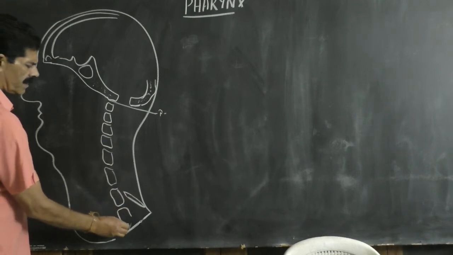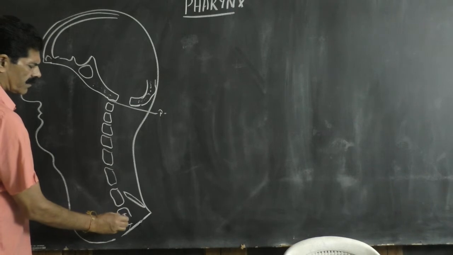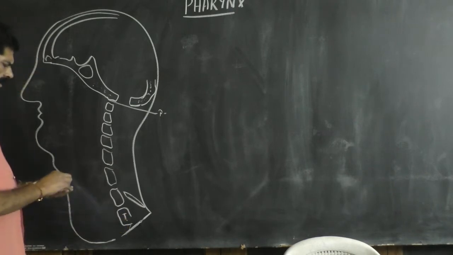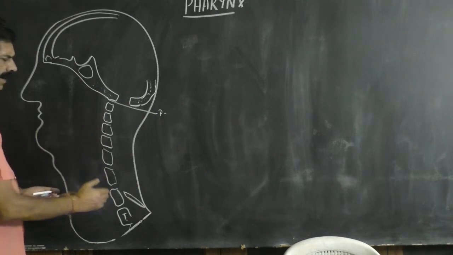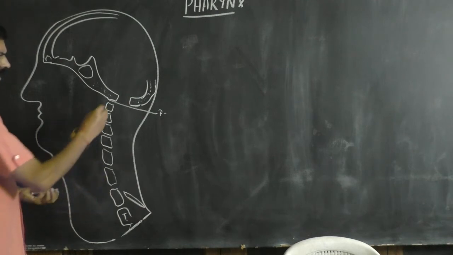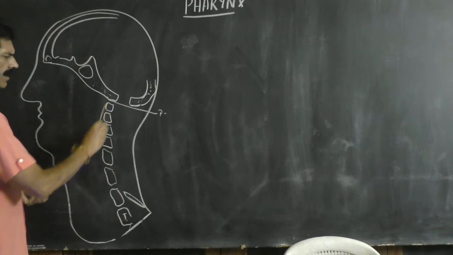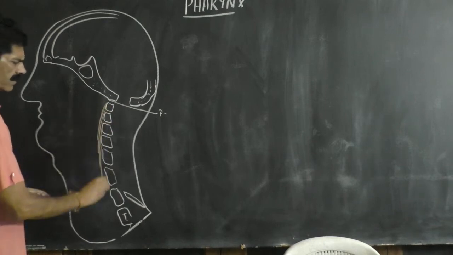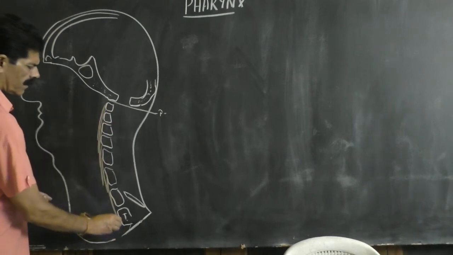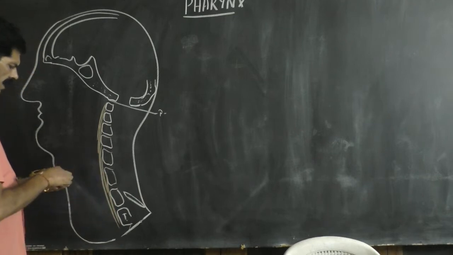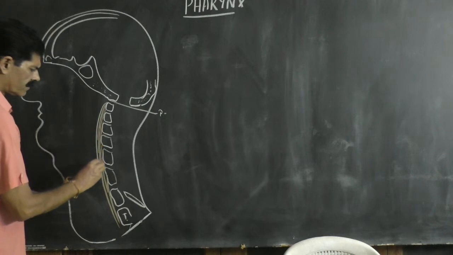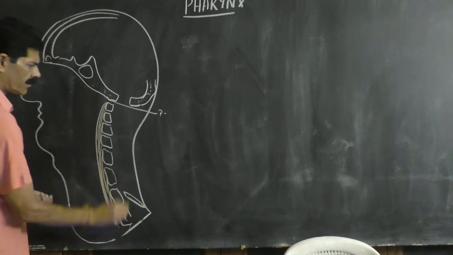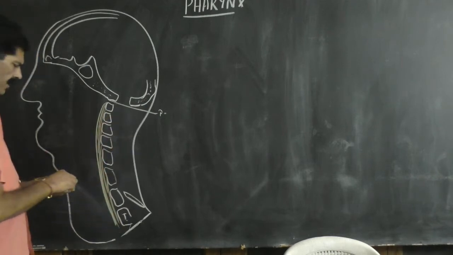Then starts the first thoracic vertebra, T1. All the cervical vertebrae form the cervical lordotic angle, and anterior to them lie the prevertebral muscles, and all these prevertebral muscles are covered by the prevertebral fascia. So that is the posterior aspect of the neck.